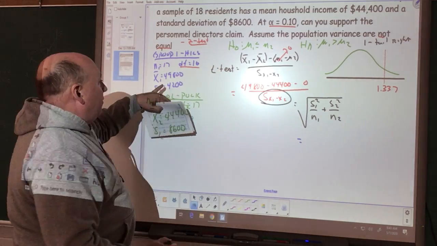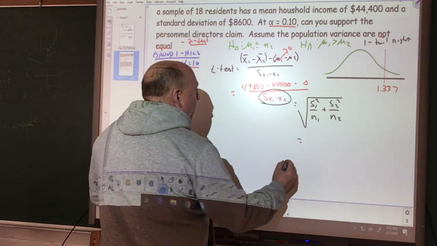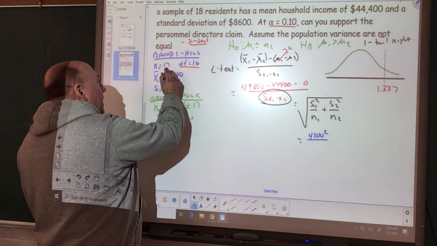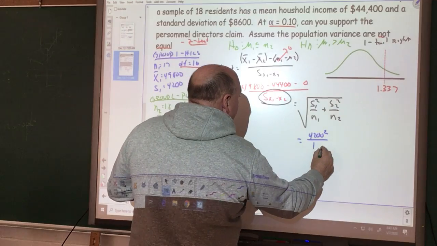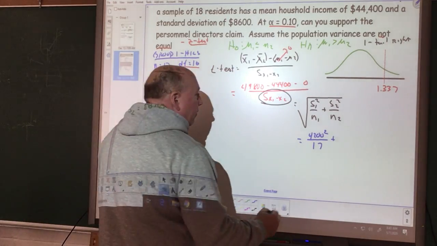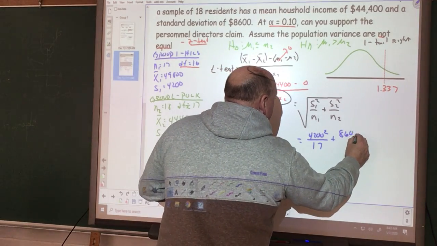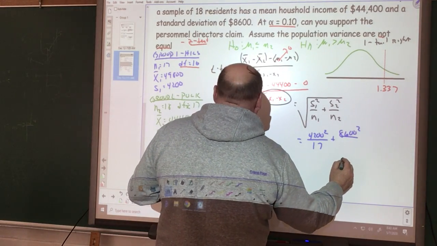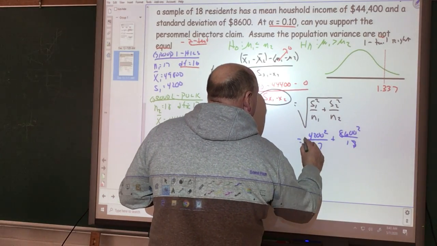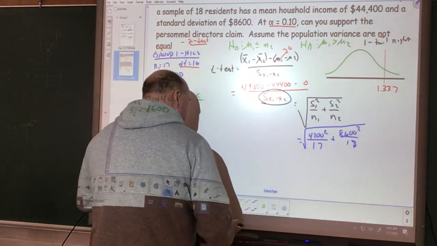So we have 4,200 squared divided by n1, which is 17, plus 8,600 squared divided by 18, and we take the square root of that.